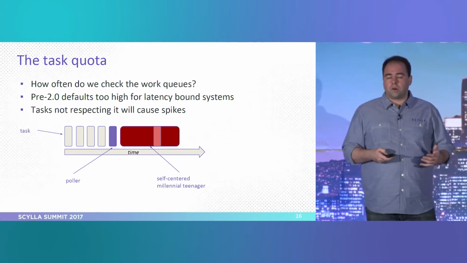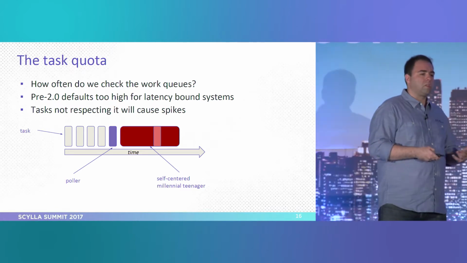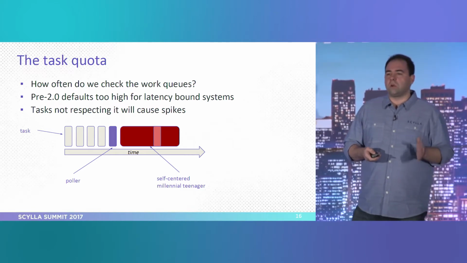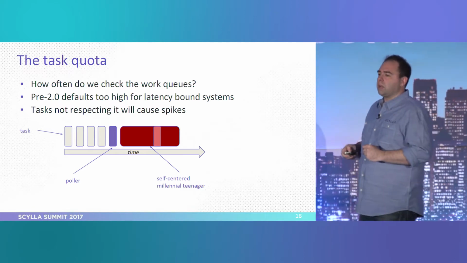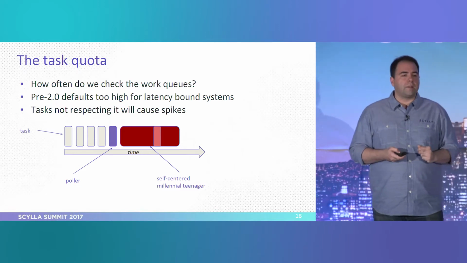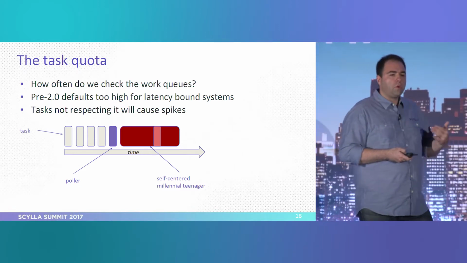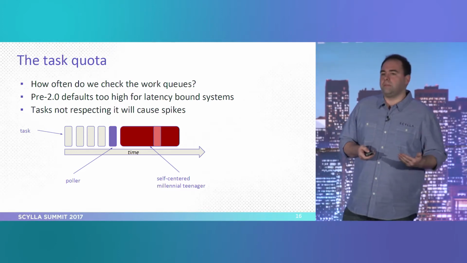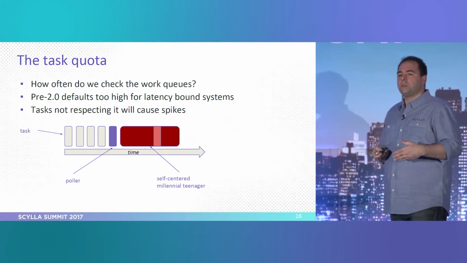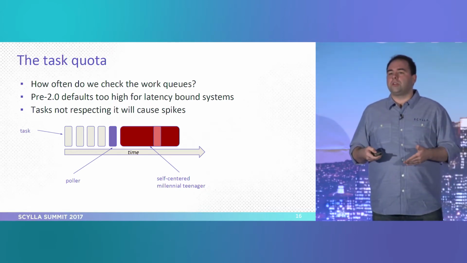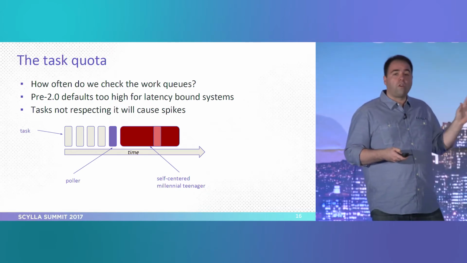Prior to 2.0, our polling period was larger than a millisecond, which made it hard for us to uphold latencies that were smaller than a millisecond. Basically, you're not going to get I/O before that. In 1.7, we've done a lot of work to improve the speed and scalability of the pollers so that we can do this more often and provide you with better latencies. And in 2.0, we reduced that period fourfold.